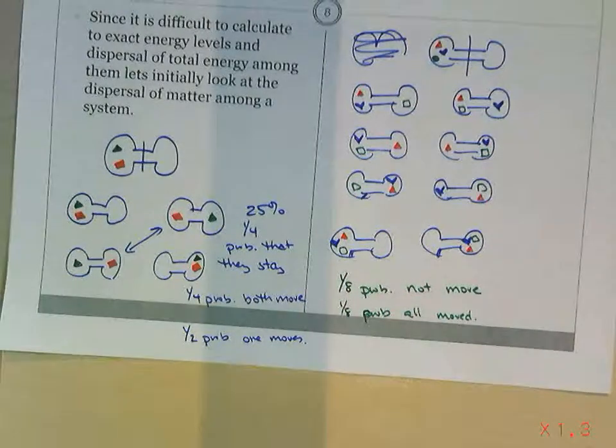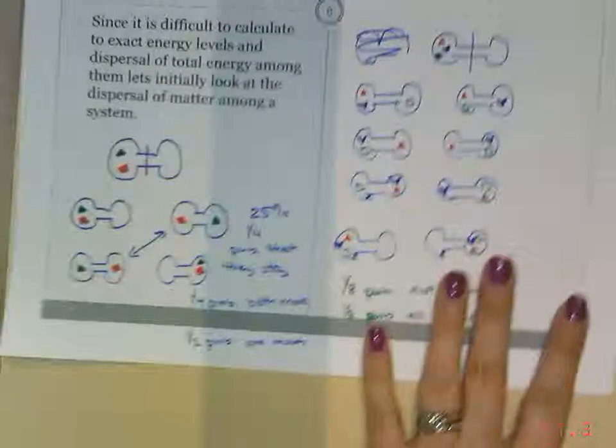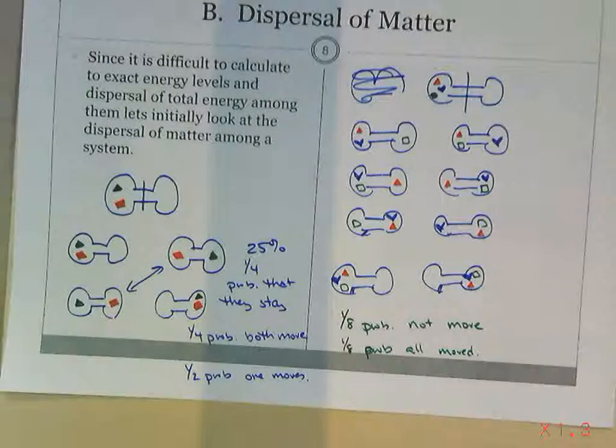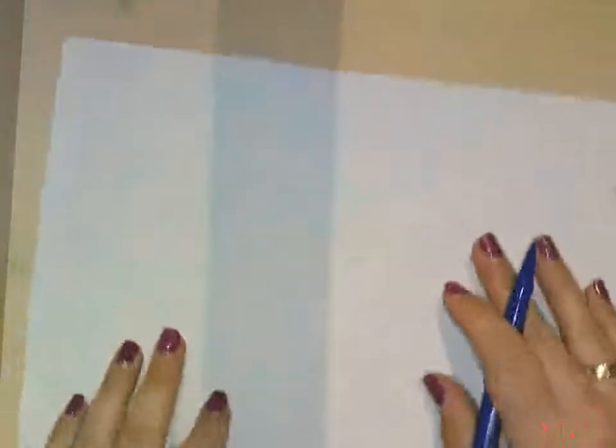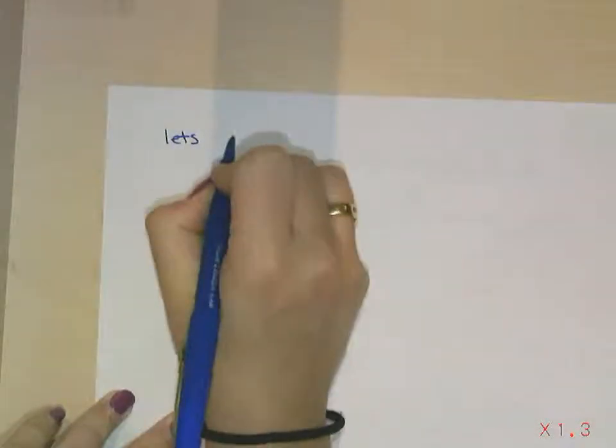So let's use some quick mental math. I'll flip it on the other side because I ran out of space. We'll go slow.